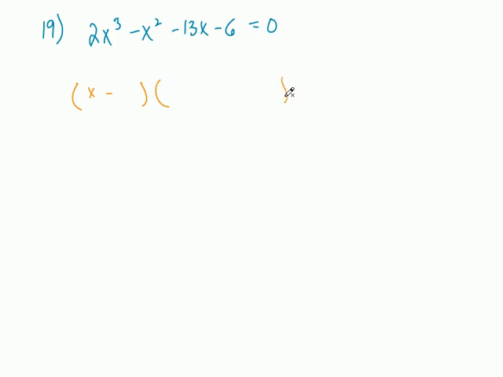Doesn't matter what's in here. If I can get that number right there and plug it in for x and make that whole thing become a 0, then this is a factor of this expression right here.